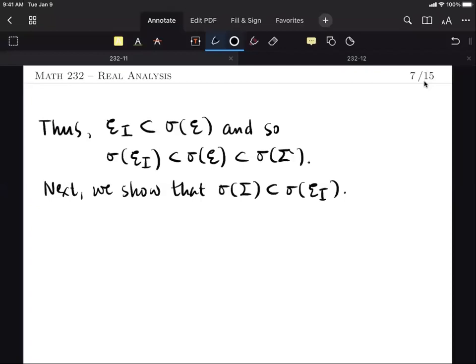So for this, let's start with an element of sigma_I.